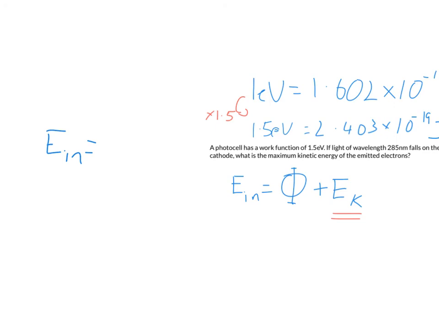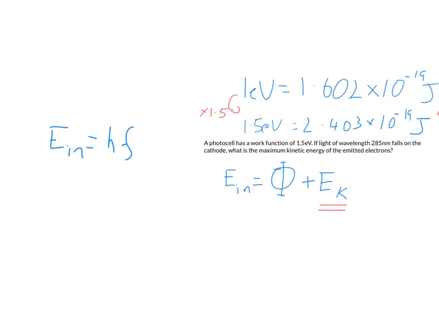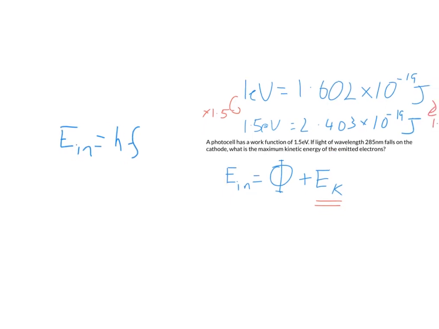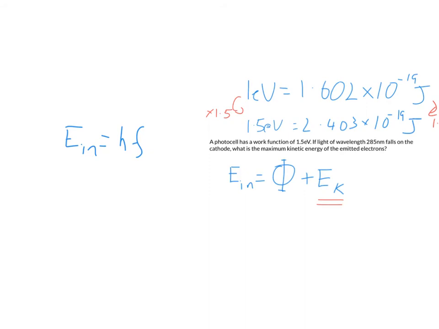We know that we can figure it out using Planck's constant, that the energy of an incoming photon will be Planck's constant times its frequency. Unfortunately, like I mentioned, they've done an extra step of trying to trick us, and they've given us the wavelength instead of the frequency. So we need to first convert from wavelength to frequency and then fill frequency into this formula. So this ties back to the bonus formula I mentioned earlier on.